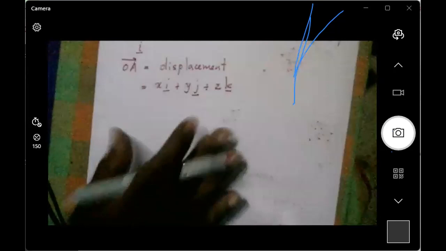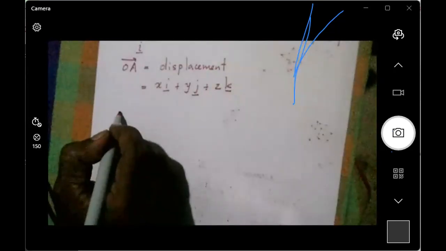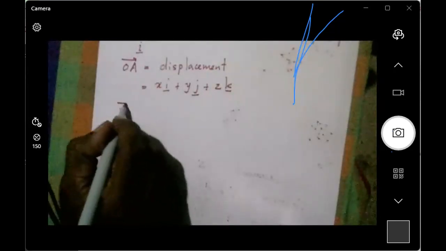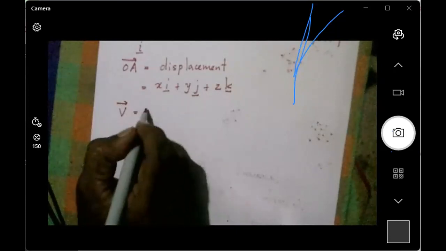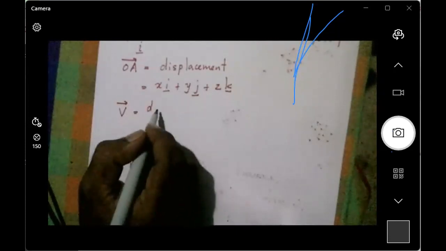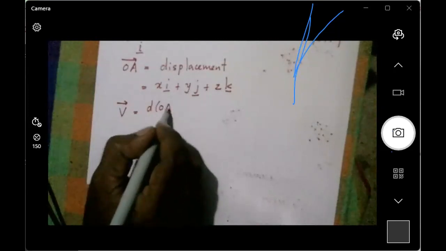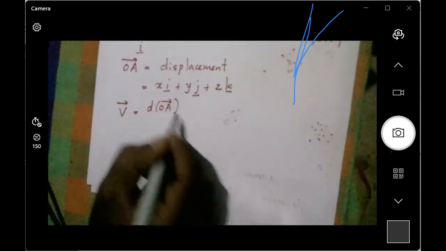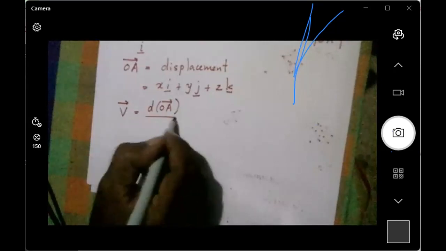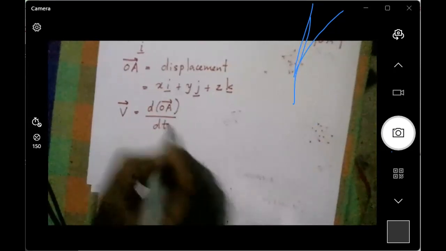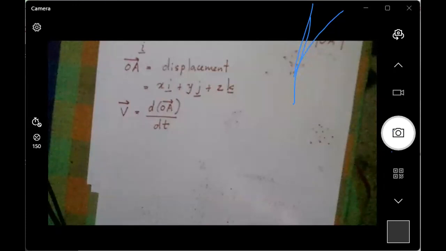Then what is the velocity? V is d/dt of OA, not just dx. The whole displacement vector you have to differentiate, right?